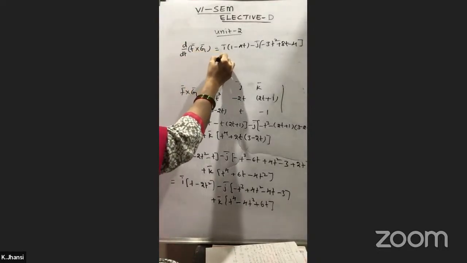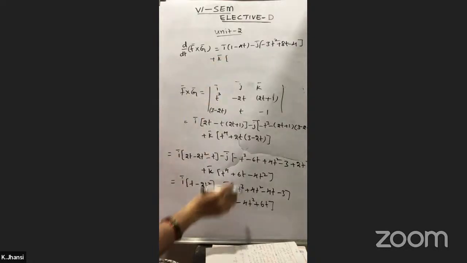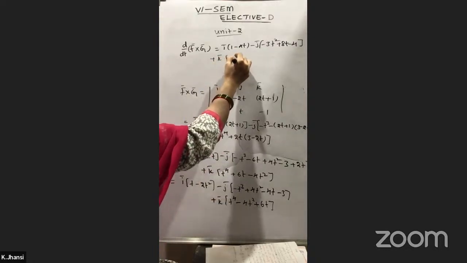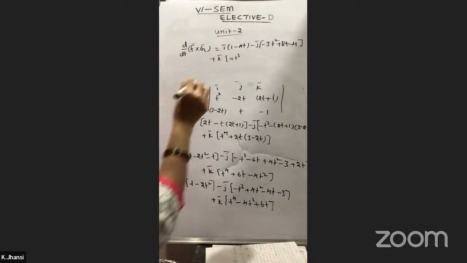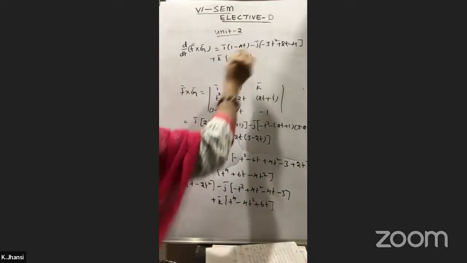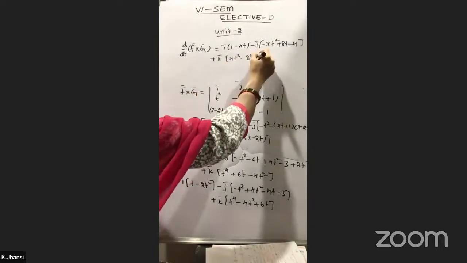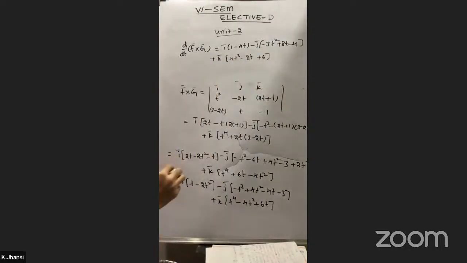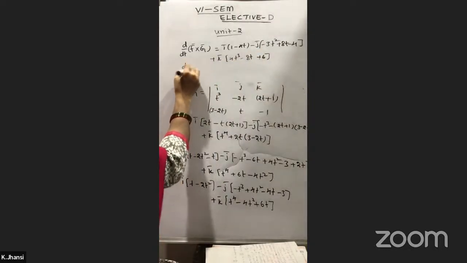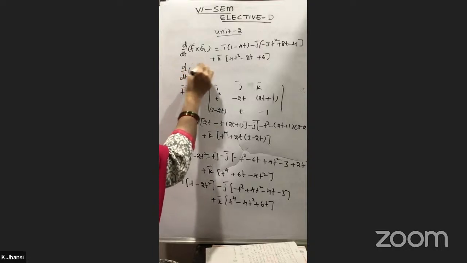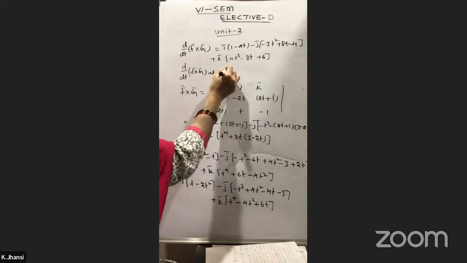Plus k, t to the power of 4 means 4t cube minus 4 2s are 8t plus 6. Okay. Now d by dt of f cross g at t is equals to minus 1.